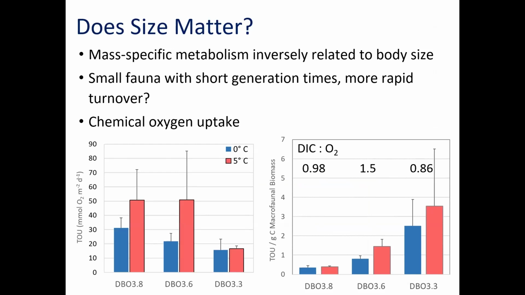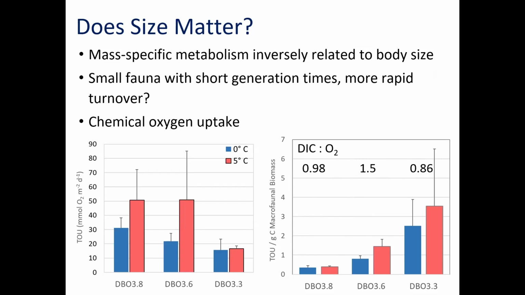So, results of the oxygen flux experiments from those same 3 sites, which we conducted at 2 different temperatures. On the left is the total oxygen uptake from incubated cores at a couple of different incubation temperatures. You can clearly see the role that the big macrofaunal species, like the bivalves, are playing in those places where they're more concentrated.